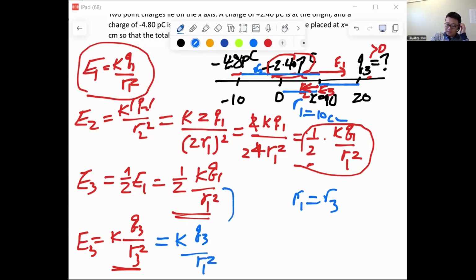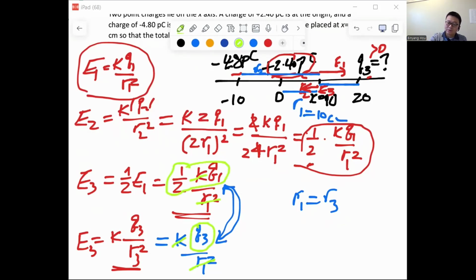Okay. So if we compare these two to each other because they are the same thing, we can see that k and k will cancel, right? R1 squared will cancel. So then you are having just Q3 here left, and over here is 1/2 of Q1.